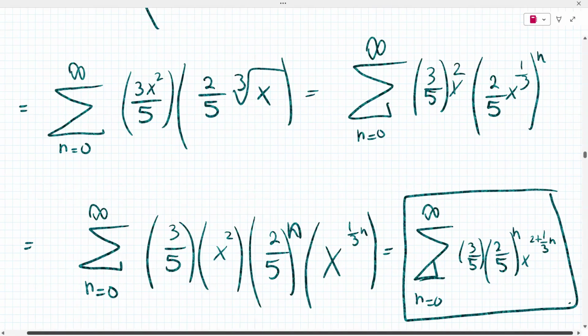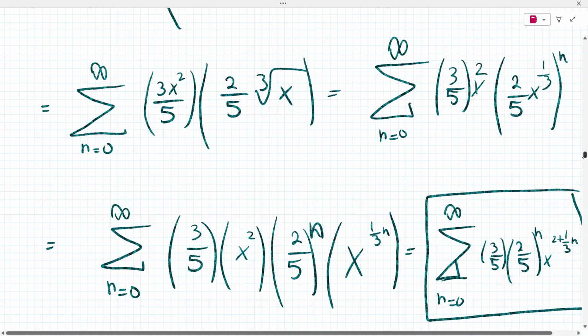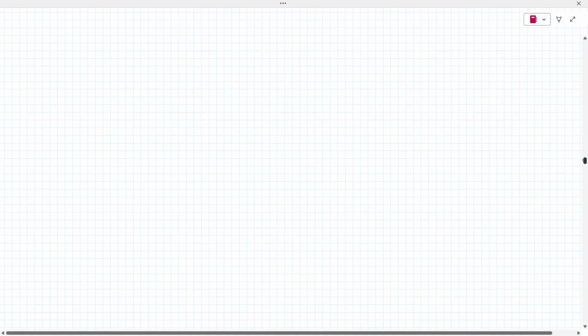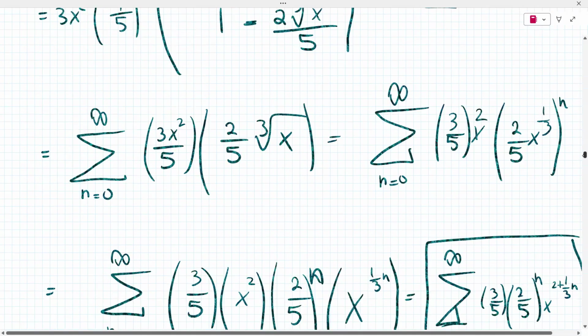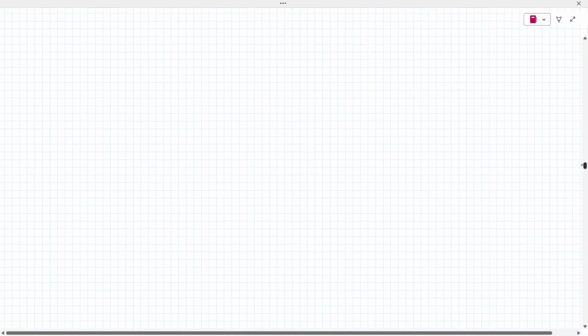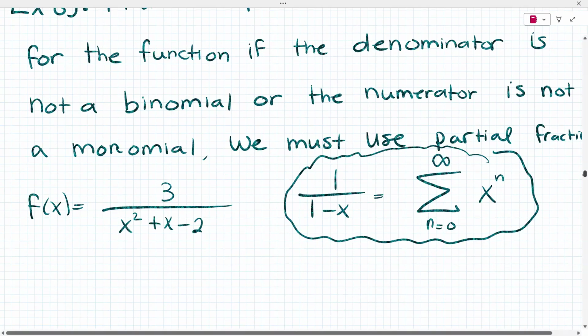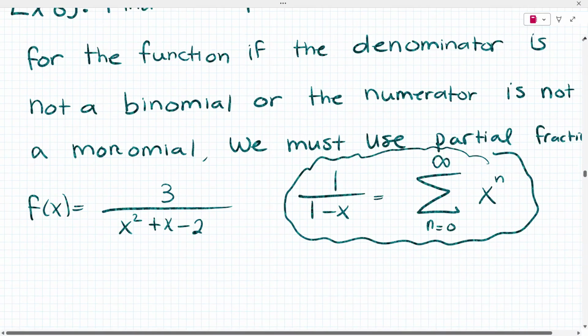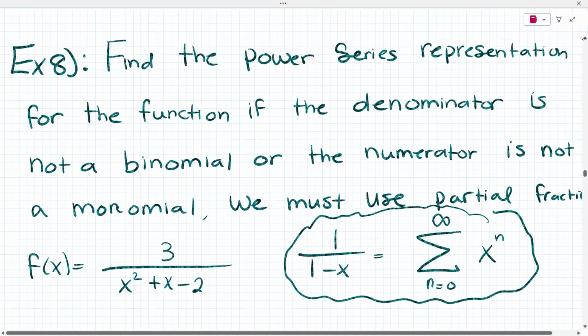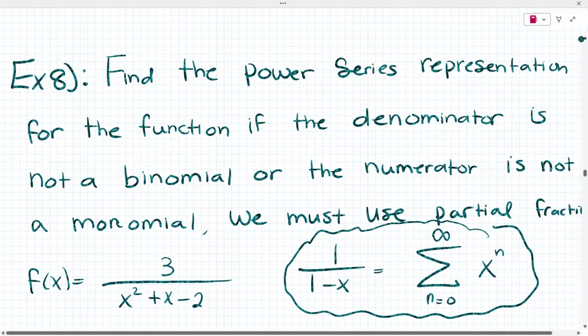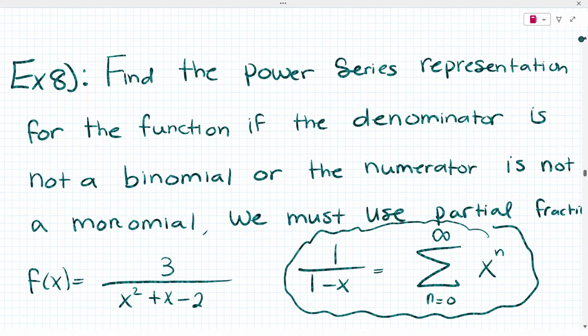Let's move on to example 8. All right. Example 8 says find the power series representation for the function.